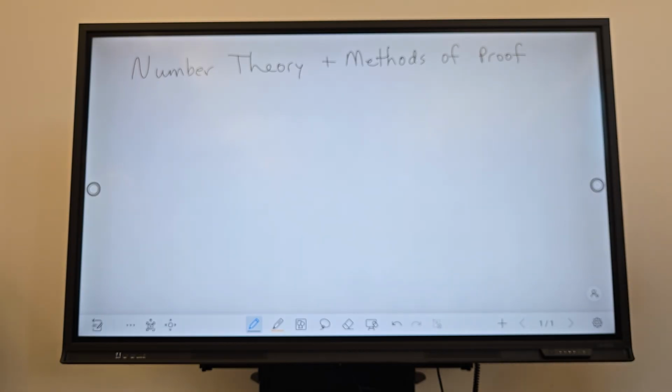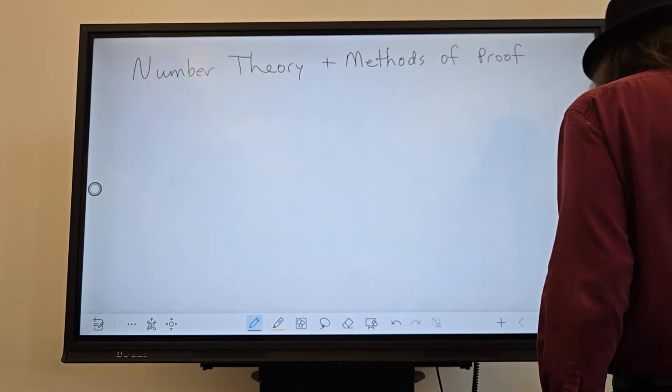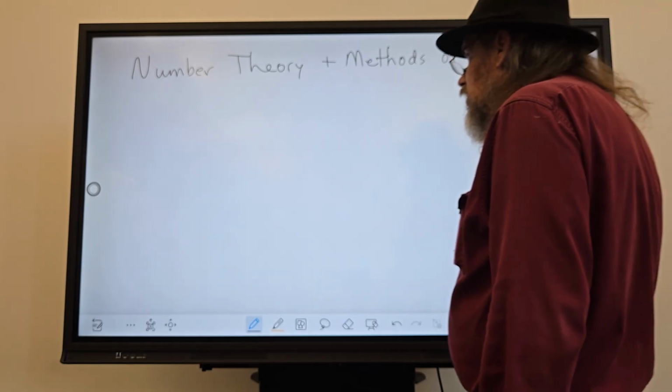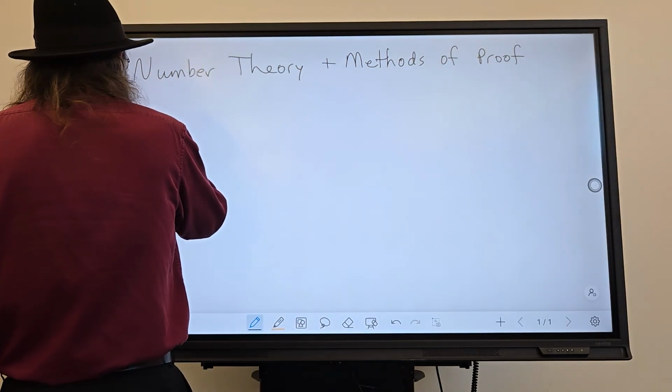Some things that we're going to assume in this chapter, and this text in general: basically, we're familiar with the laws of basic algebra. Three properties of equality.